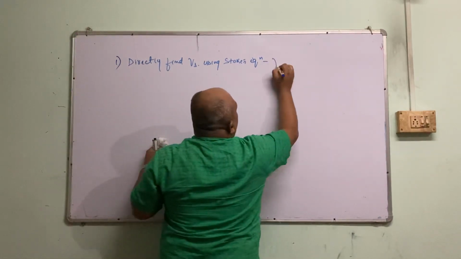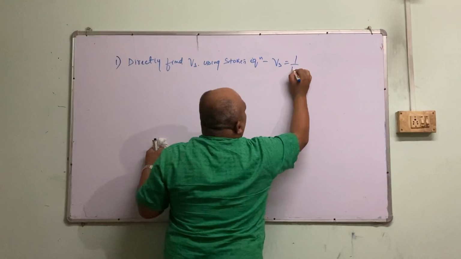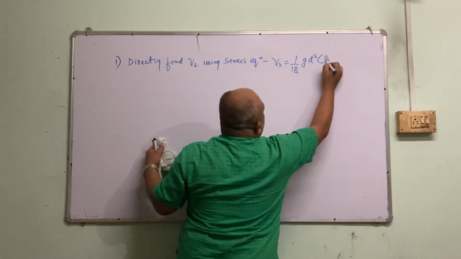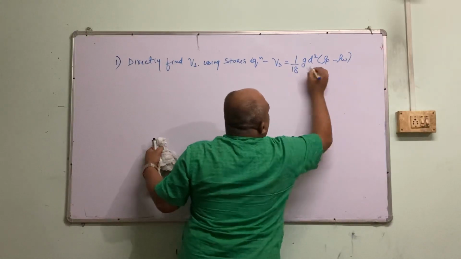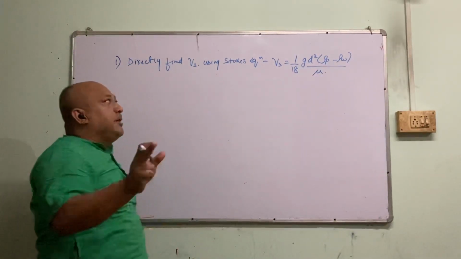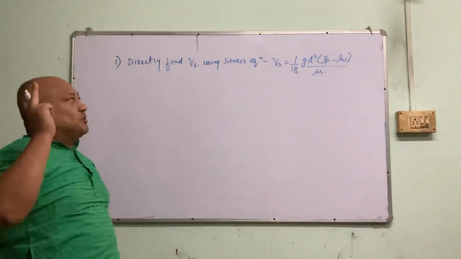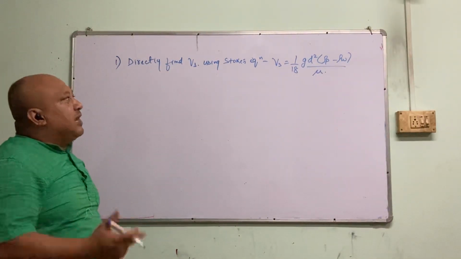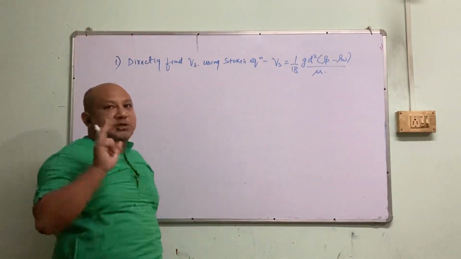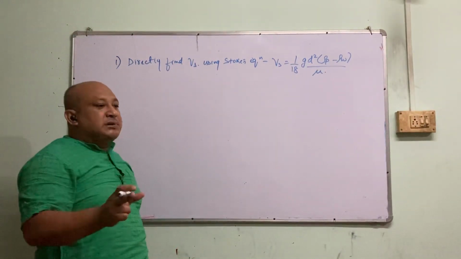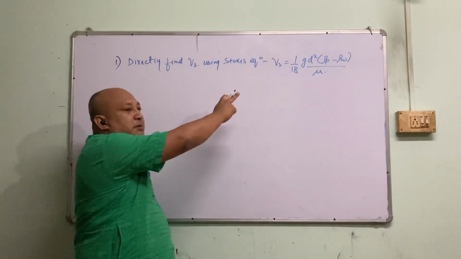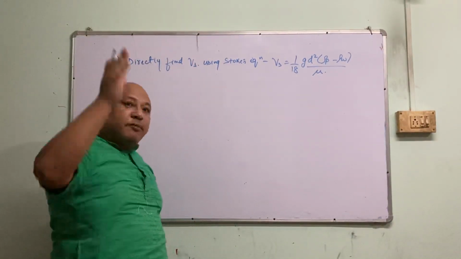That is, Vs is equal to 1 by 18 g d square, rho p minus rho w, divided by mu. Mind you, I have solved this equation many times, so even without derivation I have remembered this equation. It's very important. In the exam, they may not ask you the derivation, but they may ask you.